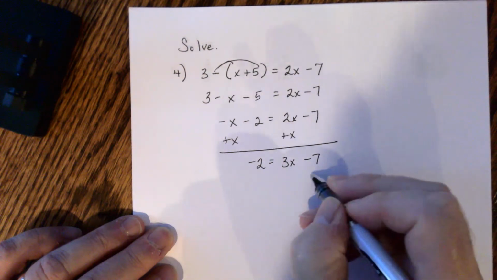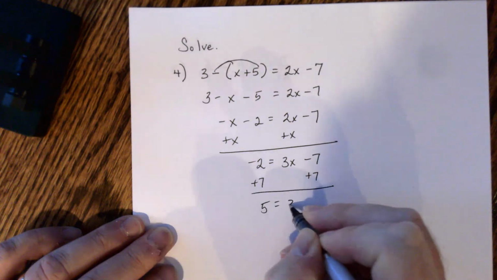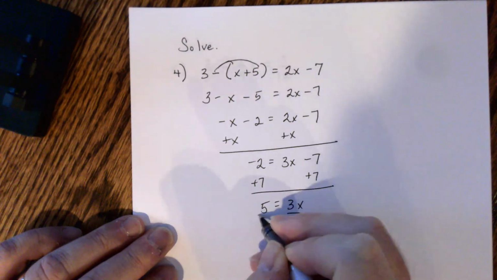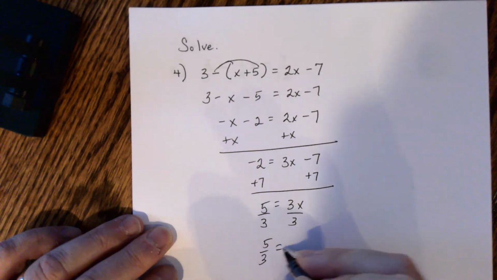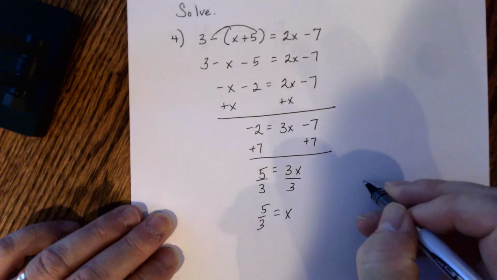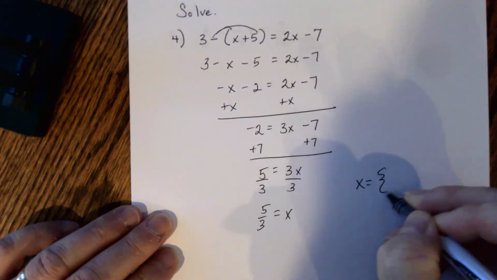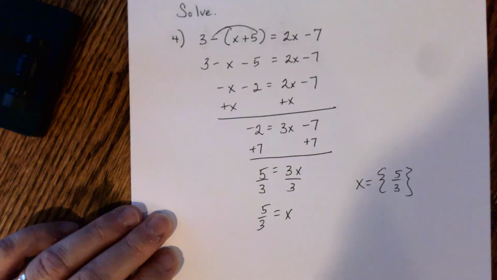And now I'm going to add 7 to both sides. And now divide by 3. And I end up with 5/3 equals x. My solution set is just x equals 5/3.